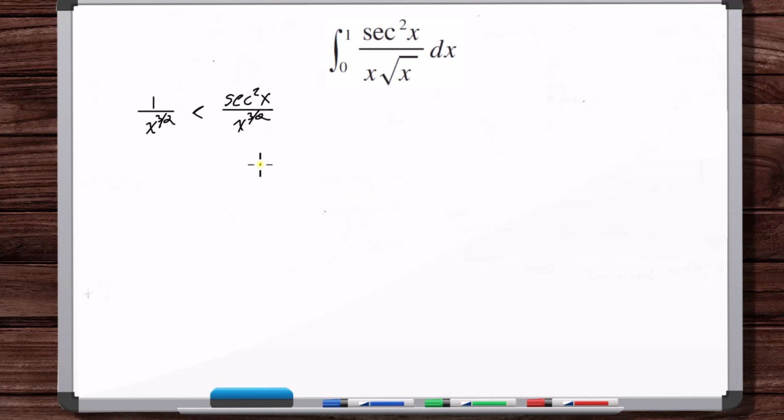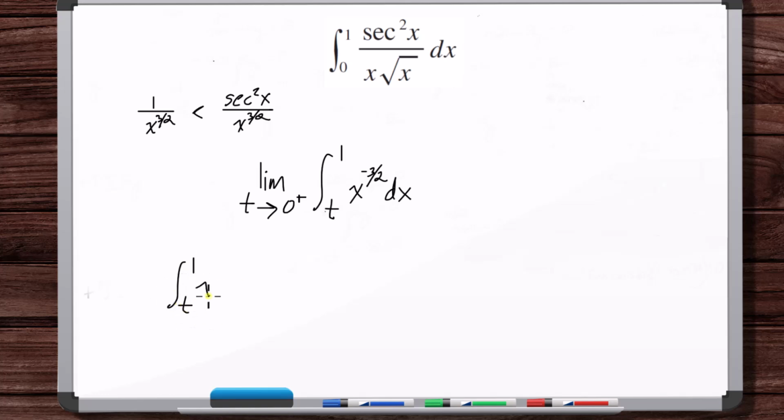So what we're going to do is take the limit as t approaches 0 from the right of the integral of x to the minus 3/2 dx.